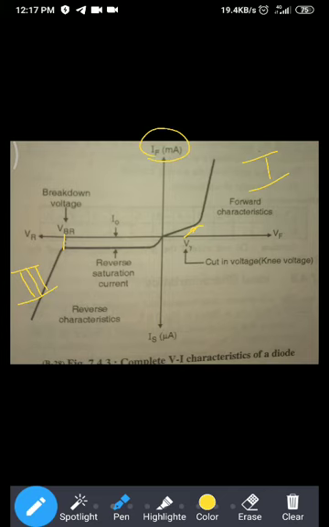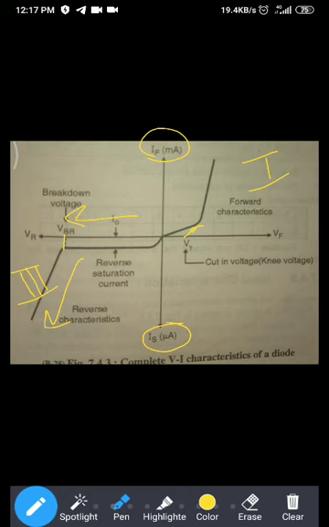For reverse biasing, though we are increasing the voltage, the flow of current is constant, meaning very little current is flowing. As the breakdown occurs, a large reverse current flows through the diode, that is avalanche breakdown. And see here, the value of reverse current is in microampere.